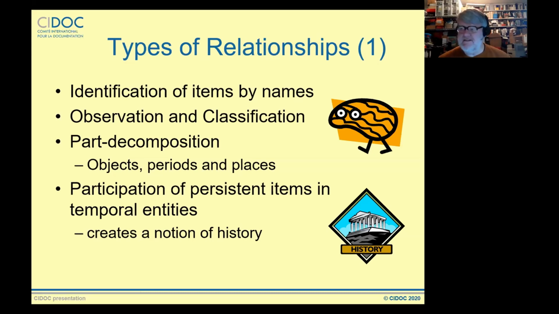And we can also do this thing, which is the participation of persistent items in temporal entities. That sounds awfully complicated, doesn't it? Right, so what's a persistent item? A persistent item is something that if you look away from it and you look back to it, you know it's the same thing. So it has an identity that exists beyond the length of time that you're observing it for.